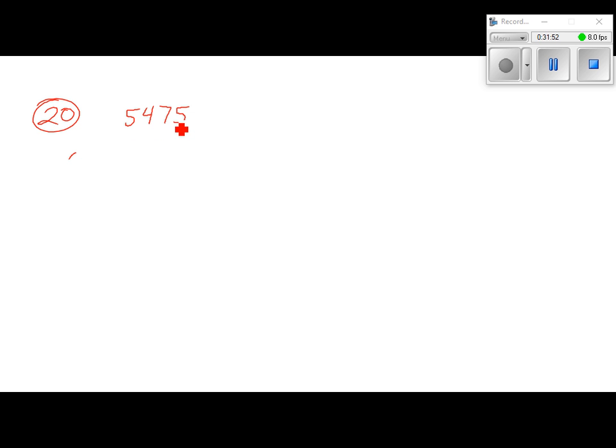$5,475. That's all annually. So we want to divide that by 12. When I divide it by 12, I come up with $456.25. Now that's not our answer because we still have to add on the rent per month, which is $1,090.